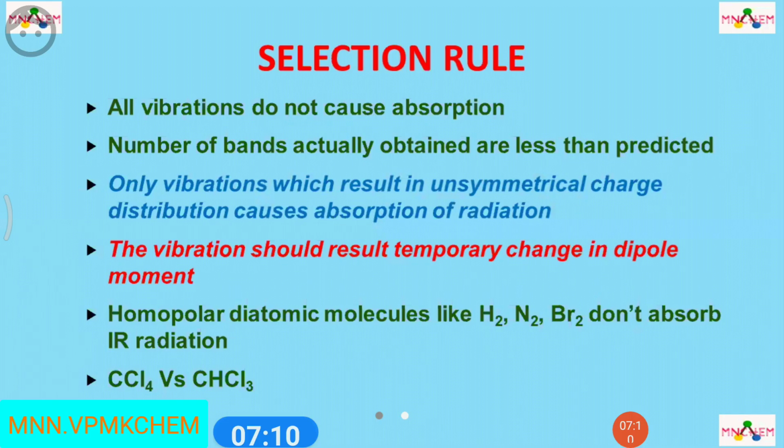So in the IR spectra, chloroform absorbs the IR radiation strongly and we get good peaks for chloroform. Whereas carbon tetrachloride doesn't absorb this radiation because of its symmetrical nature, or not having the dipole moment, and it is not readily observed in the IR spectrum.